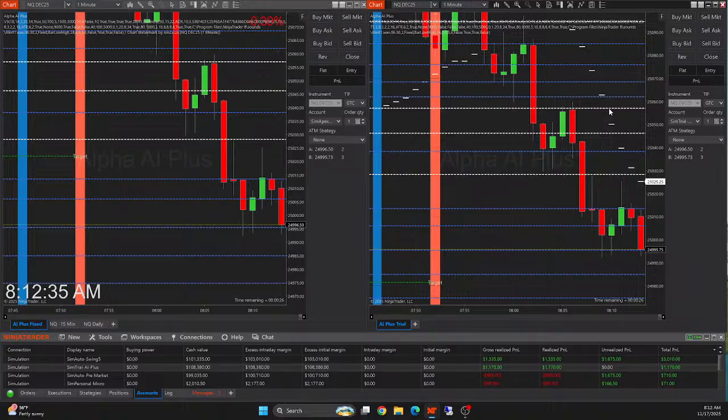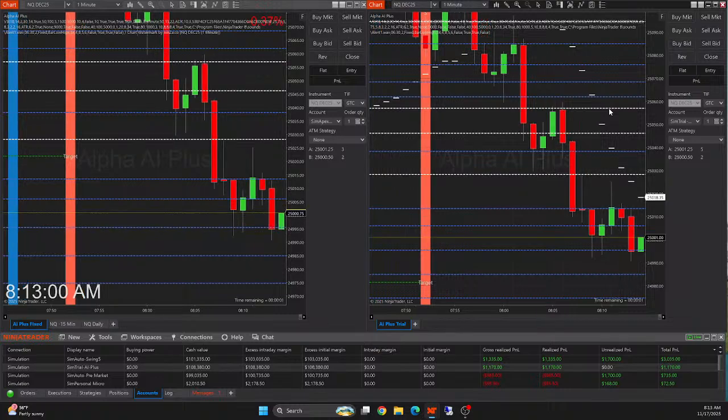We are up almost $3,000 now in swing 5. Come on, keep moving down.